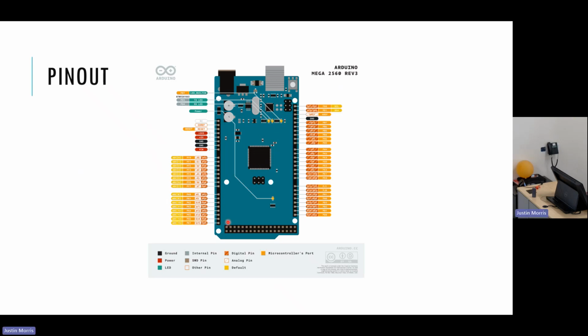And then you have these GPIO. So does anyone know what GPIO stands for? GPIO stands for General Purpose Input Output. So these pins are for our inputs and outputs.